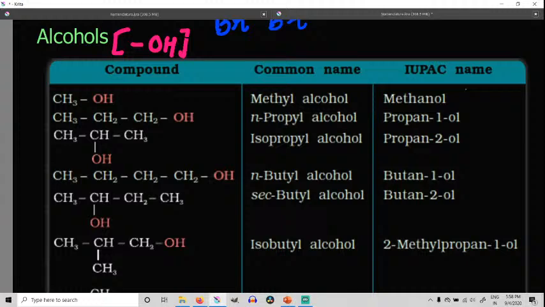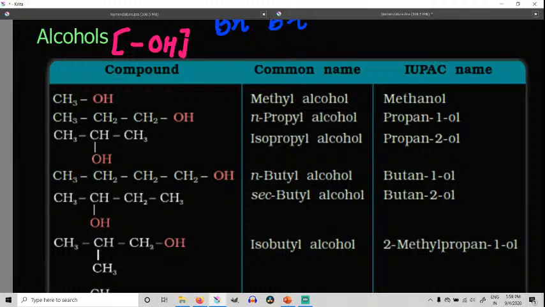Then why should the secondary suffix be ol? Because OH is attached. You can see the OH is attached here. So we get methanol. Why should the IUPAC name be methanol? Meth for one carbon atom, an because the parent chain is from alkane. Why did we remove e?